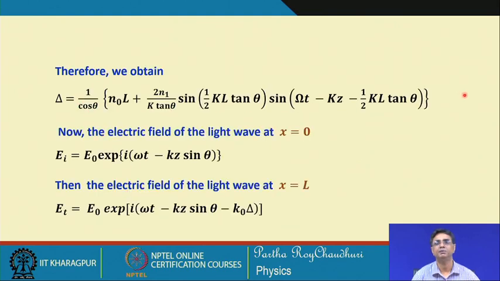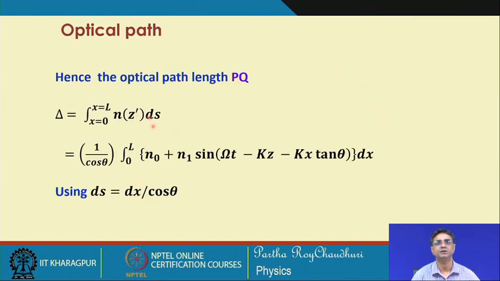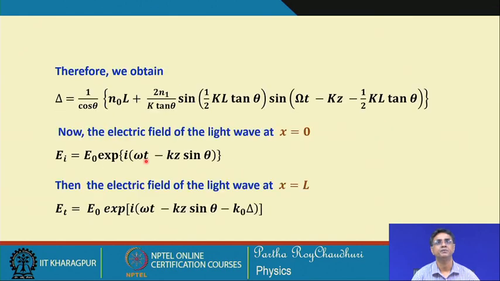So delta n will give you this quantity straightforward from this integration, and now the electric field of the light wave at x equal to 0 is given by this, where this has k z sin theta, and at x equal to L the transmitted field will have k0 multiplied by this quantity which has come from here.